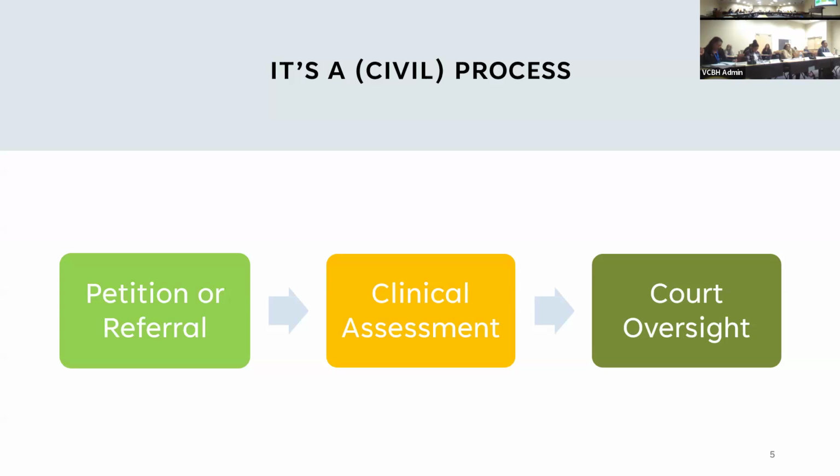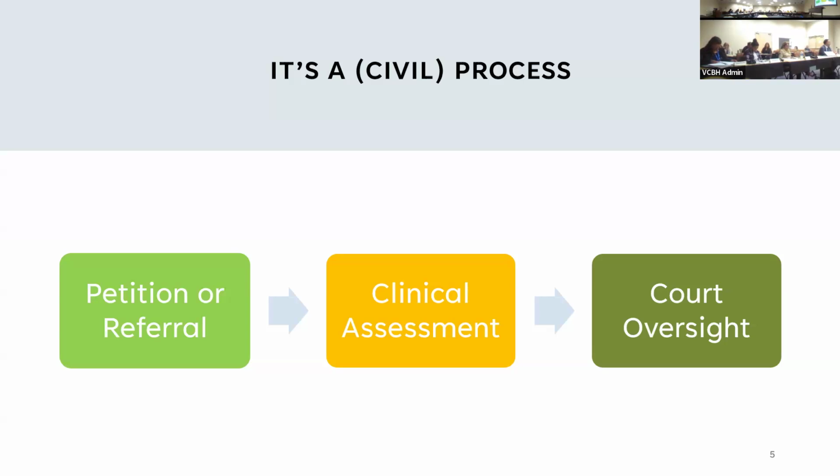Once the petition is filed, the judge reviews it and determines whether that person may qualify for Care Court. The court can order behavioral health to investigate and write a report to the court outlining whether the respondent qualifies. If the court finds that the person may qualify, the court will set an initial court date. If the court finds the person does not qualify, the court will dismiss the petition without prejudice, meaning that the petition can be filed again and considered again by the court.